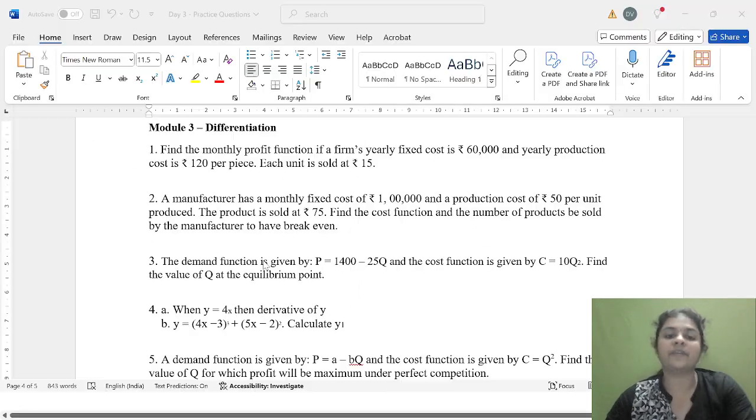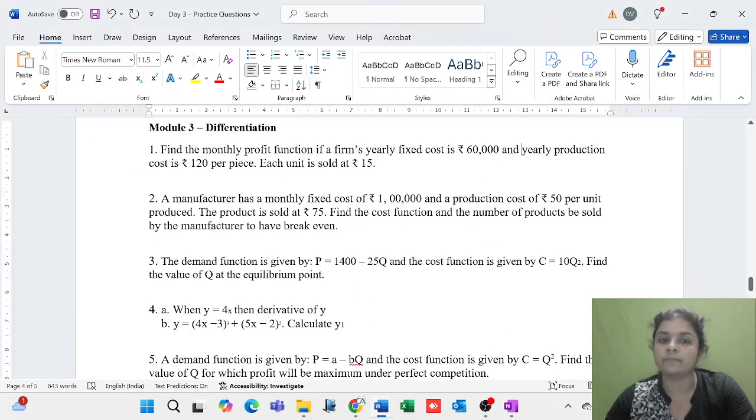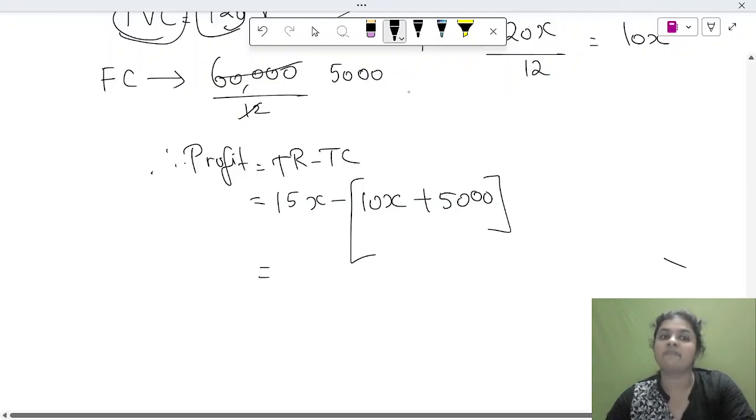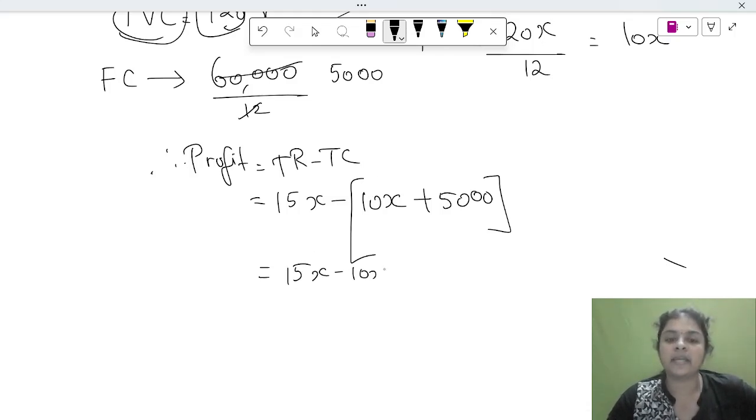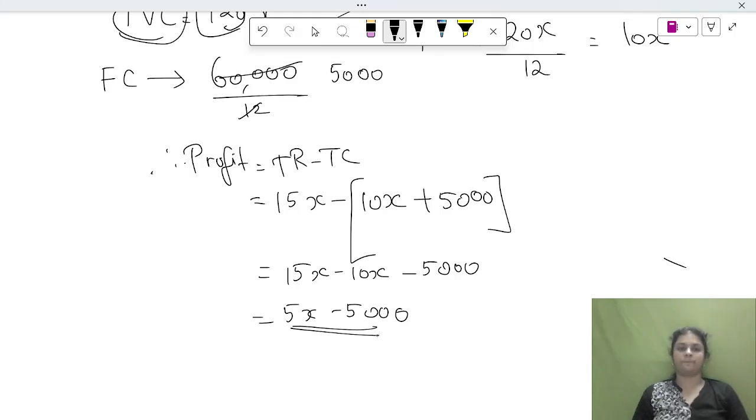See, revenue is not given as yearly, so I am keeping it as it is. Whereas in variable cost they have used the word yearly, therefore I am dividing by 12. So 15x minus 10x minus 5,000. Answer is 5x minus 5,000. This is the profit function.